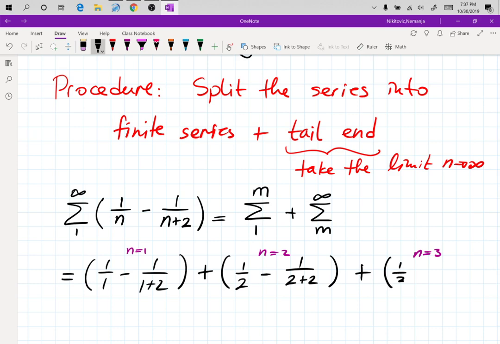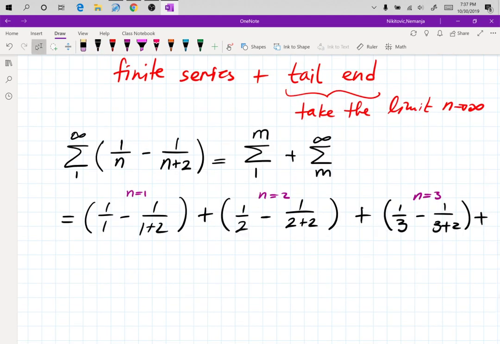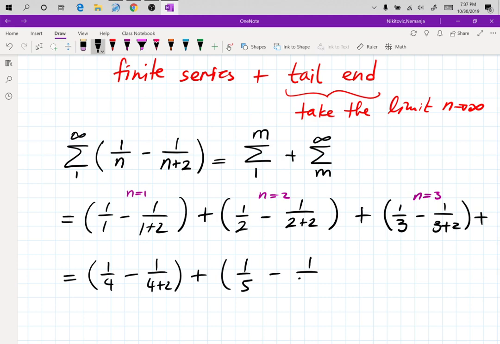Plug in 3. You have to plug in 3 now. For the third term, 1 over 3 minus 1 over 3 plus 2, plus, what's the next? 1 over 4 minus 1 over 4 plus 2, plus 1 over 5 minus 1 over 5 plus 2. We are going to go all the way to m, guys. Now you might ask, well, when is that m?